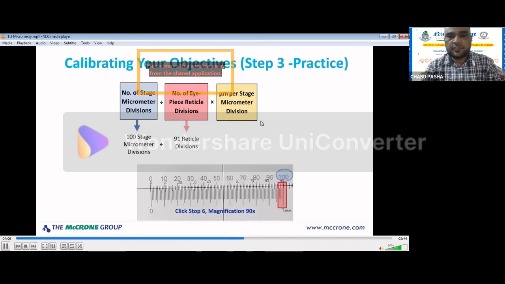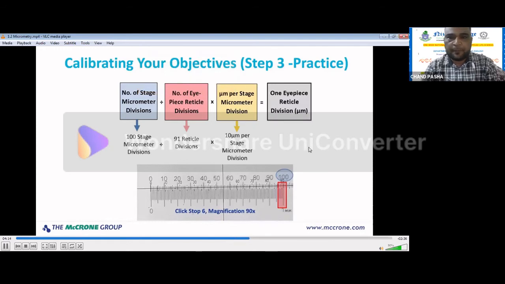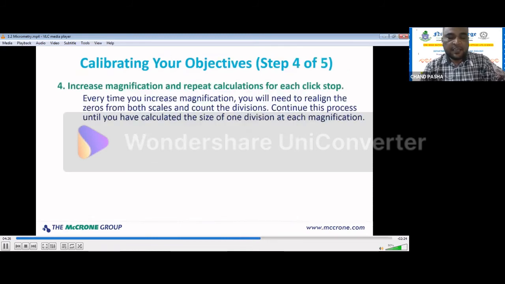The standard stage micrometer division size is 10, so each eyepiece division at this magnification is 11 microns, at 90x. 90x is the multiplication of the eyepiece and objective.